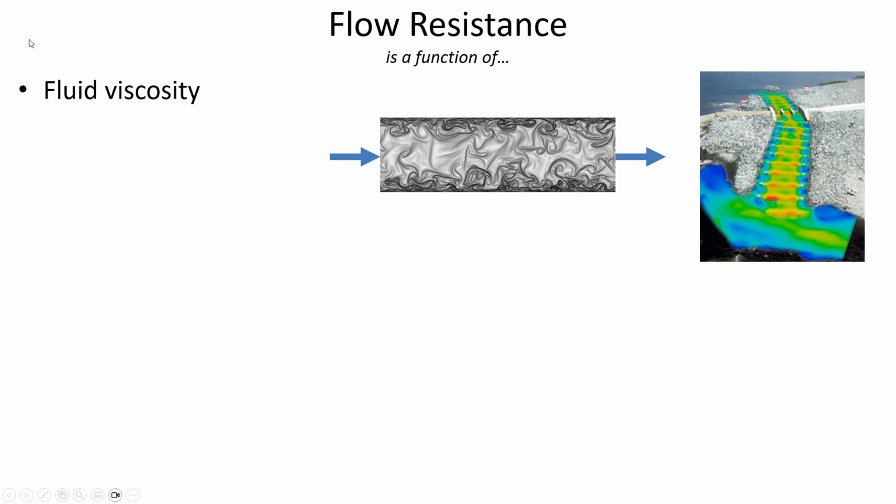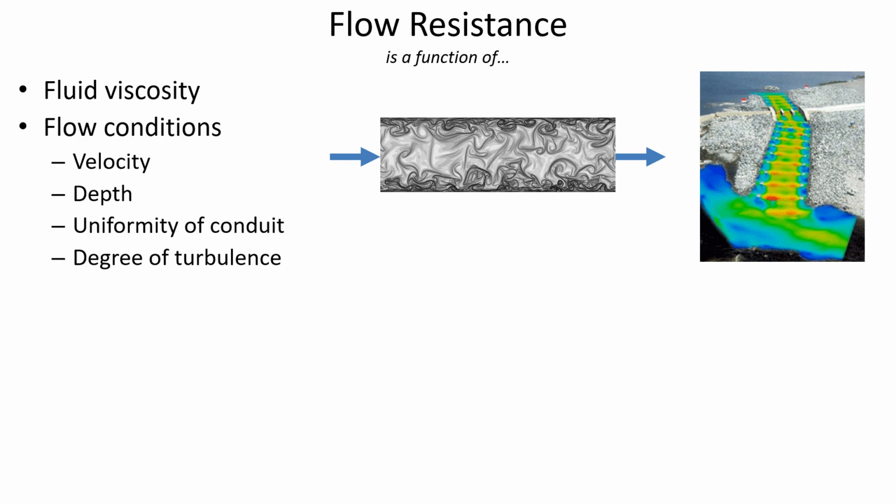So how much a pipe or a stream material resists flow is a function of the fluid's viscosity. So if we have a pipeline that's carrying pancake syrup, then there's going to be more resistance because there's a higher viscosity for that fluid than there is for water. It's also going to vary depending on the flow conditions. And as the velocity increases, so does the resistance that is imparted by the stationary solid material to the flowing fluid.